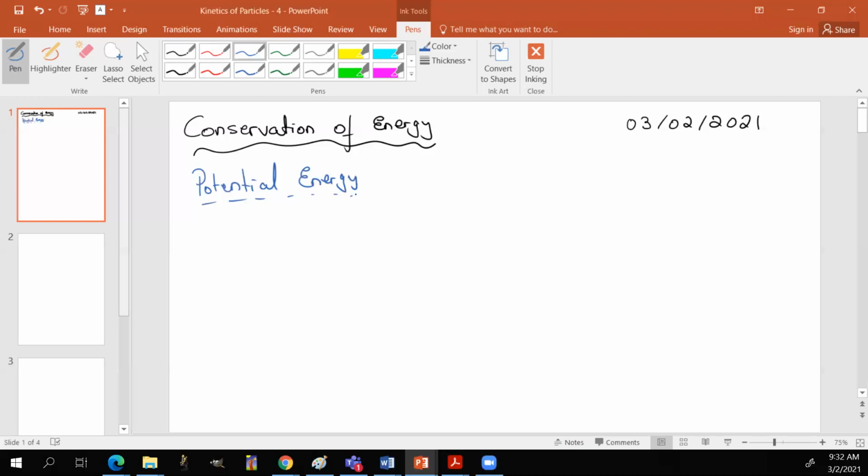Right? And this is basically, think of it as work which is independent of the path on which you are at. So it's basically work.